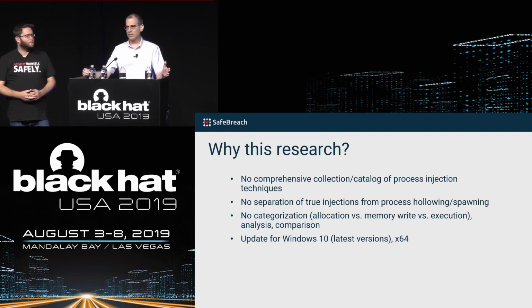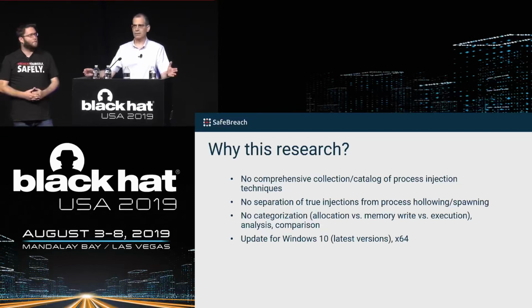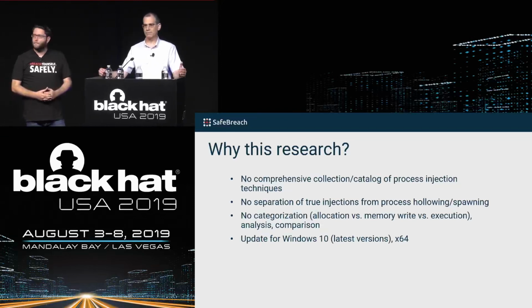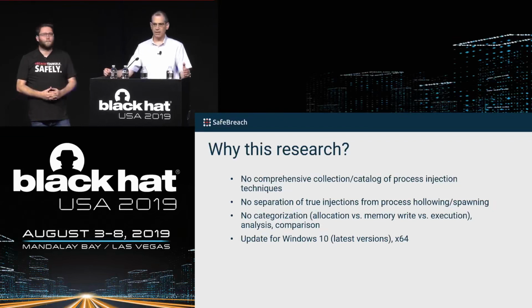There was no analysis and comparison between the various techniques out there. And there was no update for Windows 10, as several techniques are pretty old from the Windows XP days and the 32-bit architecture. And it was not clear to us whether they can be ported as is to Windows 10 with its new security mechanisms and the 64-bit architecture.